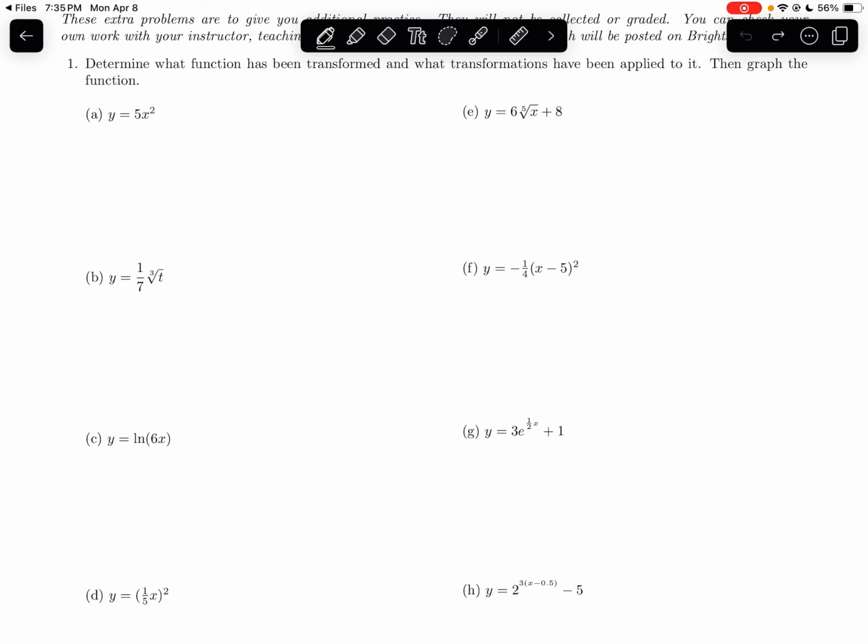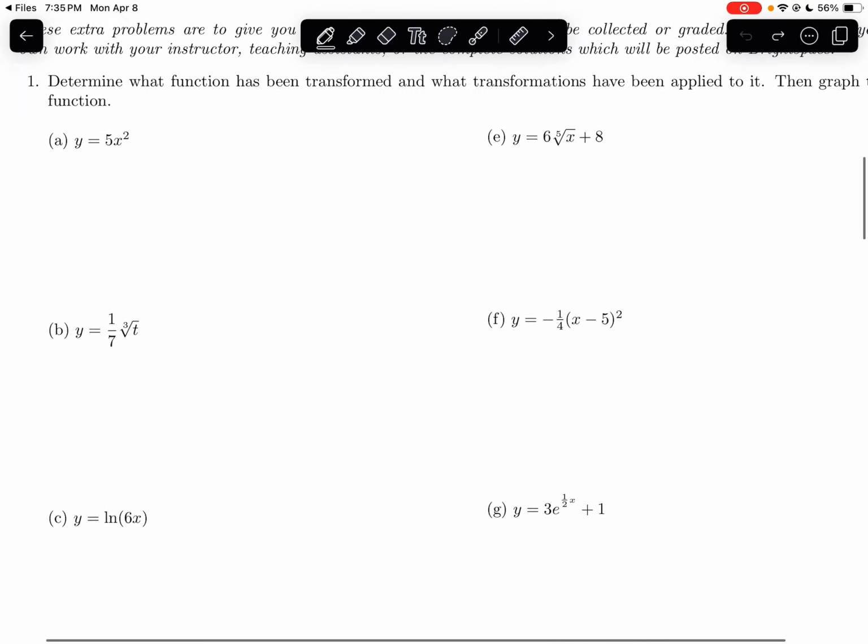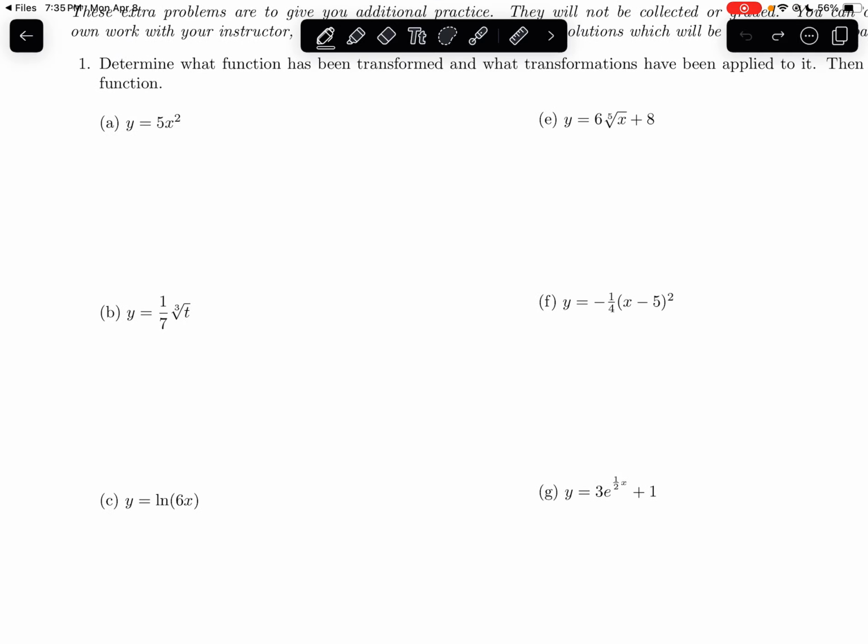Okay, so the first part here is asking you to determine what function was being transformed and then what happened to it. So let's say for the first one, for part A, the original function maybe you could say is y equals x squared. If you take that as the original function, what you're doing is multiplying by the 5.